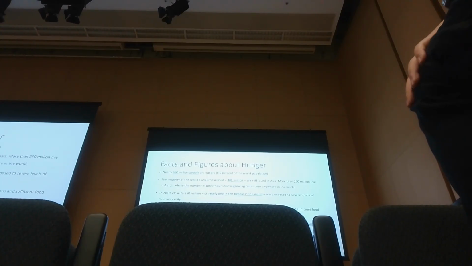And then about 6.9% affected by wasting or acute undernutrition. Okay, so those are some of the figures I want to show you in terms of world hunger status, so you can have a better understanding of the general data in the world.